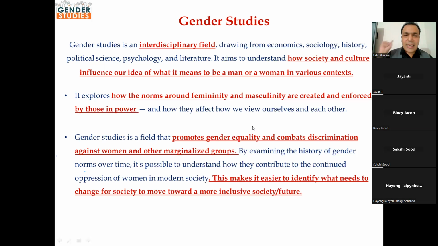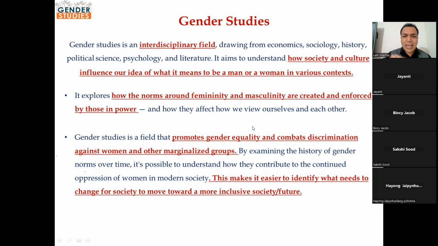Okay. What is the aim of gender study? Gender study aims to understand how society and culture influence our idea of what it means to be a man or woman in various contexts, right? Further, gender study explores how the norms around femininity and masculinity are created and enforced by those who are in power, right?